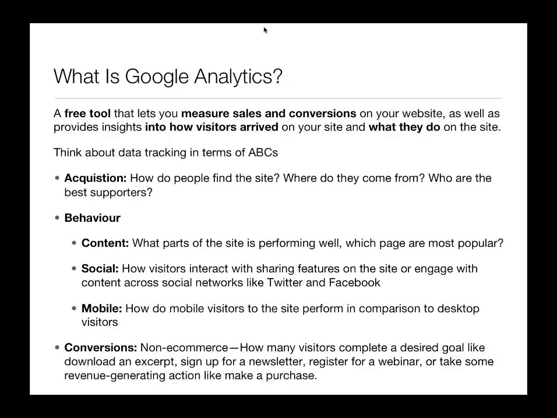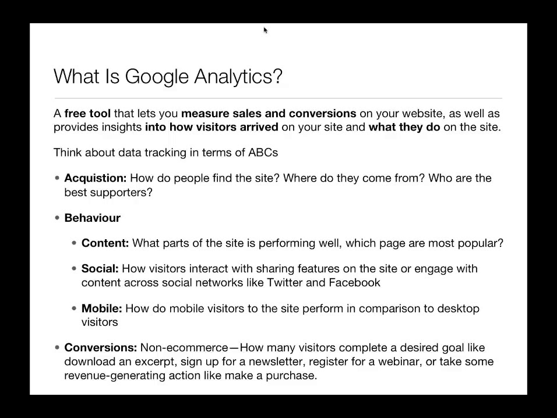But getting people to your site is not the only thing you need to understand. In order to understand how your site is performing and what people do on the site, you need to start looking at behavior metrics. So what parts of the site are performing well, engage your audience the most? What features or pieces of content are they sharing? There's a bunch of new social reports in Google Analytics that help you understand content on your site.